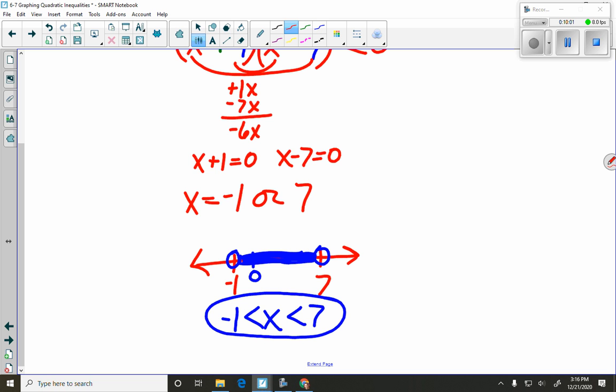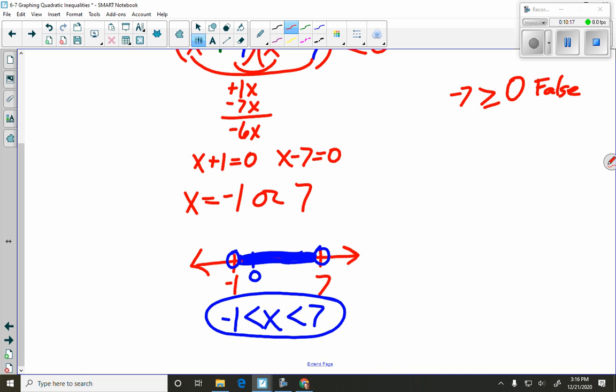Now, what if they would have given us a false statement? What if I would have had minus 7 is greater than, or let's call it equal to 0? Well, in that case, that would be a false statement.